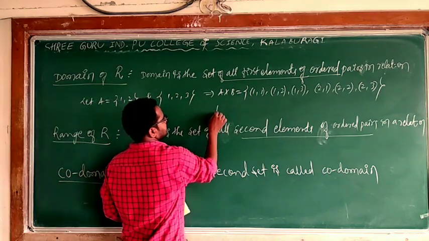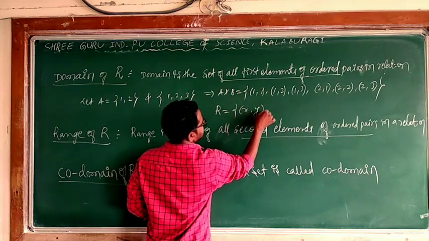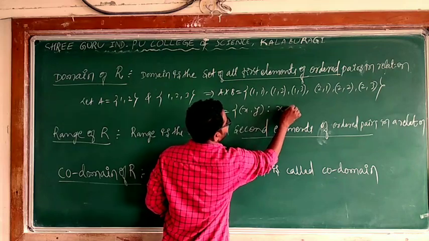I will define one relation. R is equal to {(x, y) such that x is less than y}.